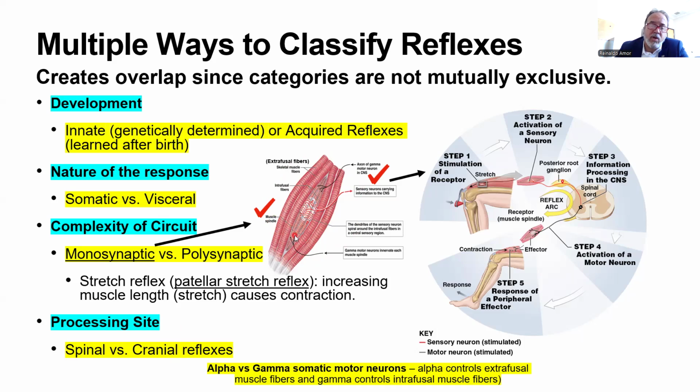In the muscle spindle is where you have the receptors for the stretch reflex here. Okay, so you can see sensory neurons carrying information to the central nervous system. So these will be the receptors here, okay?